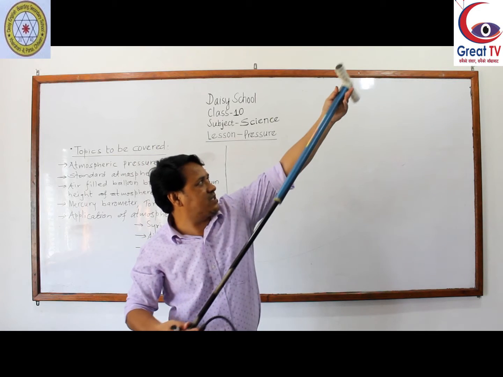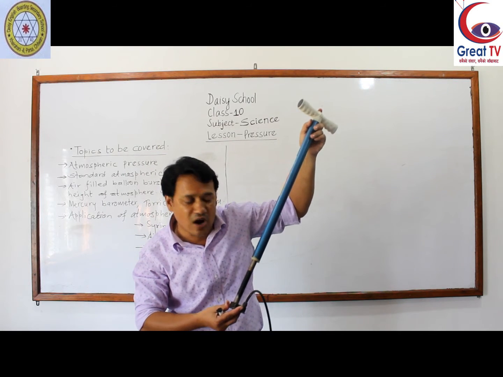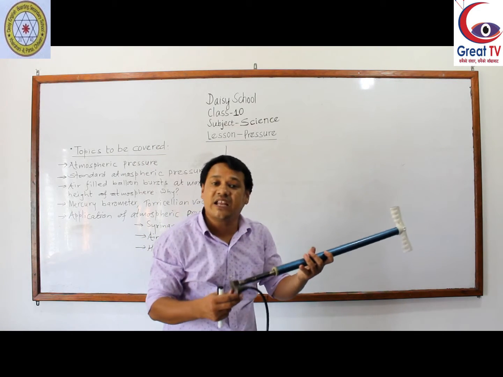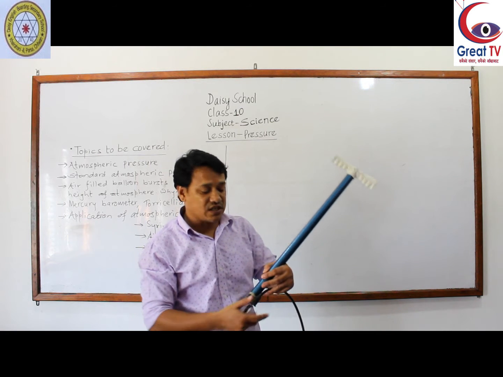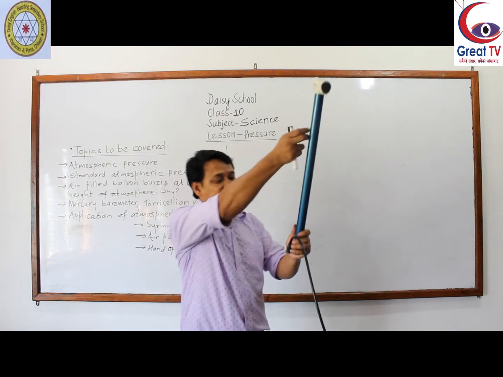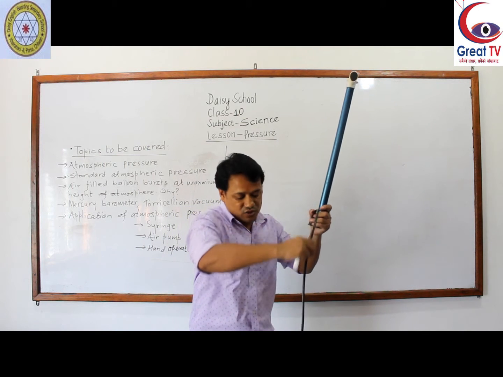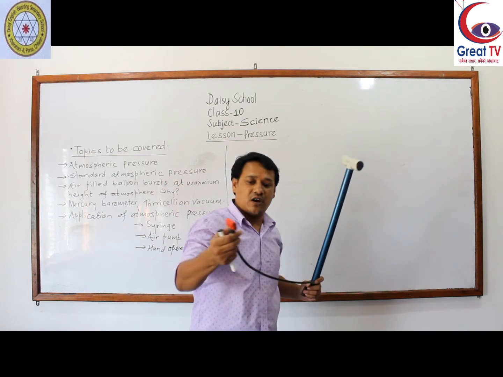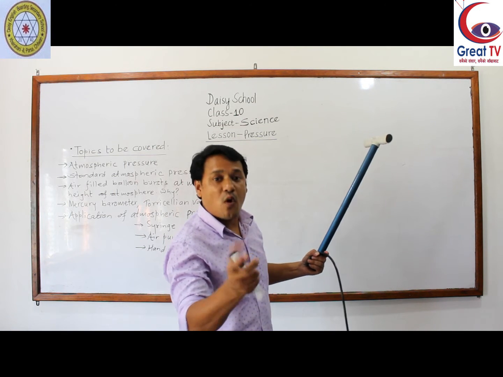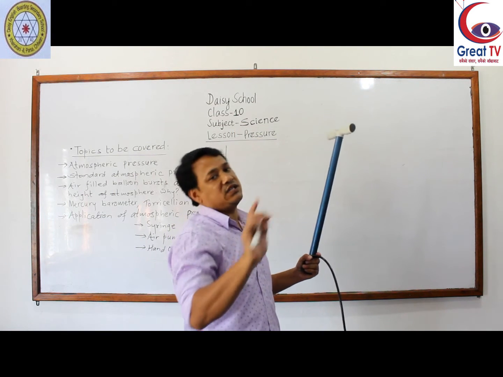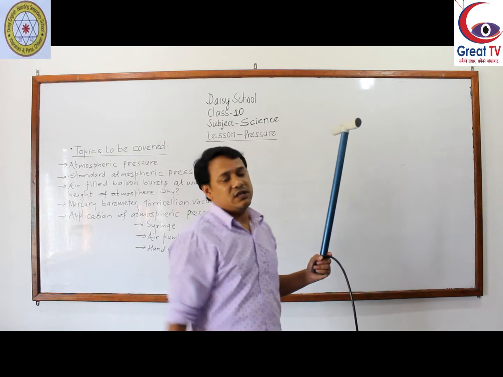And when we press this handle downward, this gap decreases, area decreases. Area decreases means pressure increases. Because of the high pressure, this air passes through the nozzle, which is connected to the bicycle tube or ball. So this air pushes or opens the valve present in the bicycle tube or this ball.